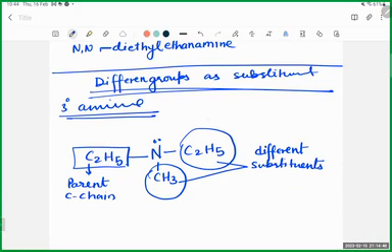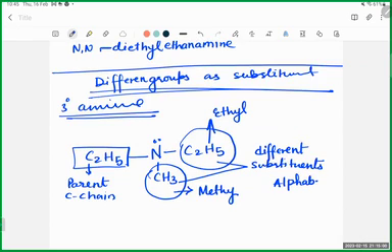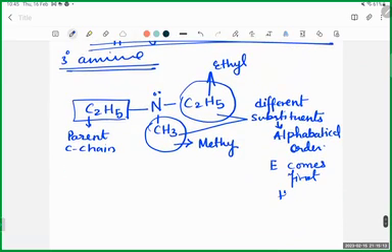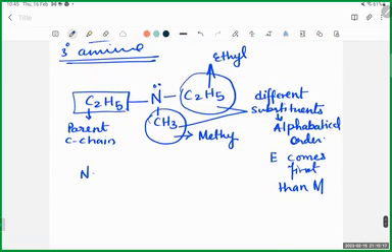This substituent starts with E because the name is ethyl, and this starts with M, methyl. So E comes first, correct? Then M. Yes, ma'am.